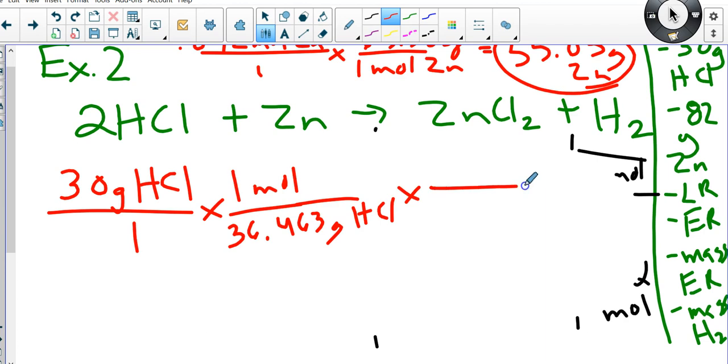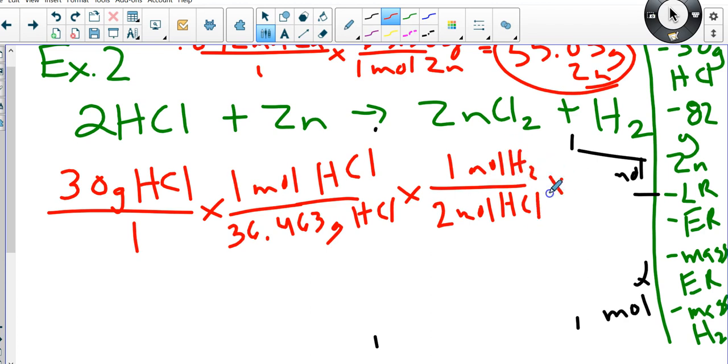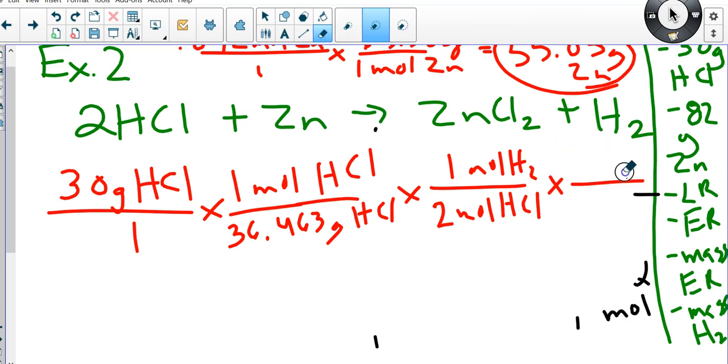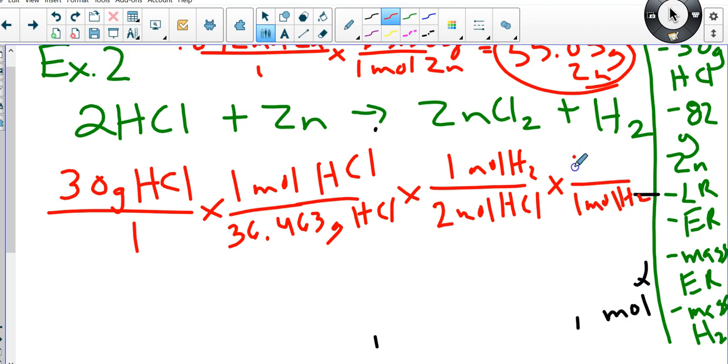And then in the balanced equation, the ratio of moles is 2 moles of HCl for every 1 mole of hydrogen. Then you have to go to grams of hydrogen. So 1 mole of hydrogen is 2.02 grams of hydrogen. So all that looks familiar, and I have to do all of that work.